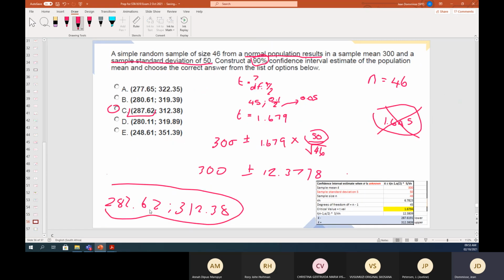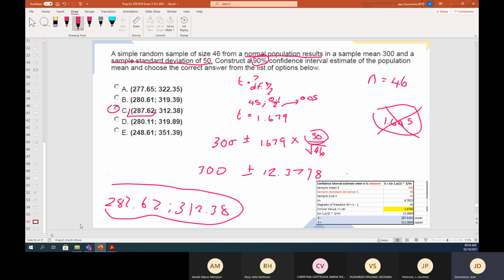Here the impact of using the wrong one is very small. In the exam, if I got the previous one that Christina had as 287,31, I would have said somewhere I made a rounding off, and I would have gone for option C in any case. So luckily in this one, you would have gotten one that is very close.